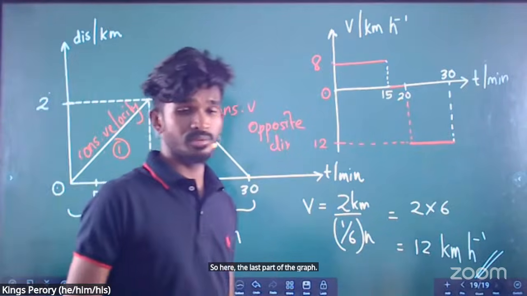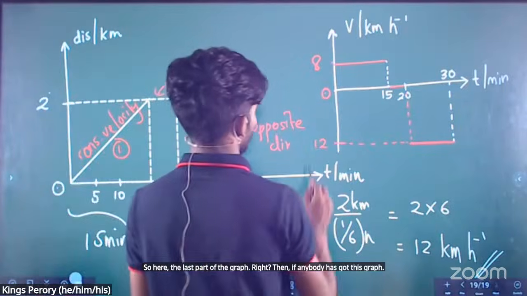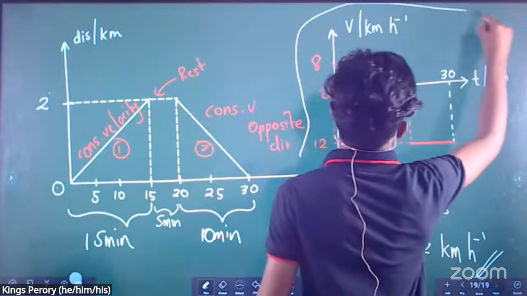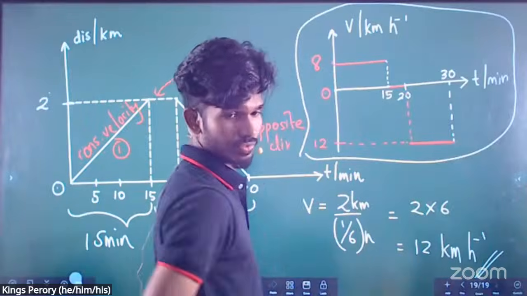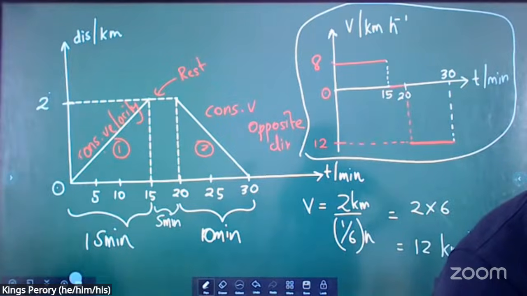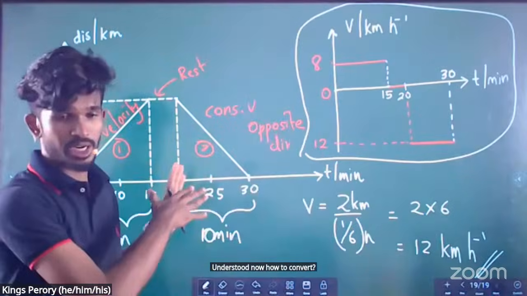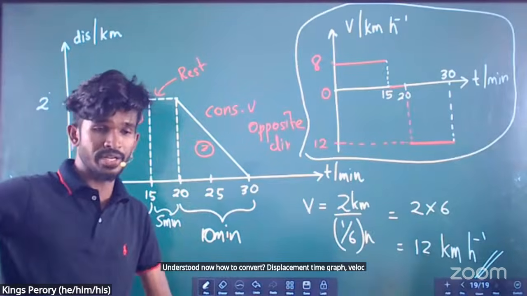Raise your hand if anybody has got this graph. Understood now how to convert a displacement time graph to a velocity time graph? How I did the conversion? Clear?